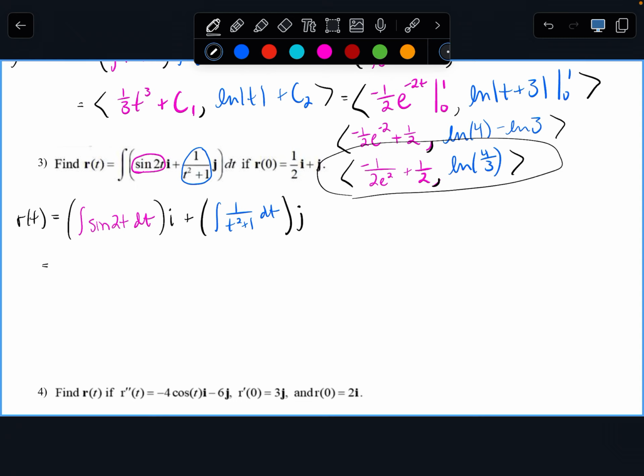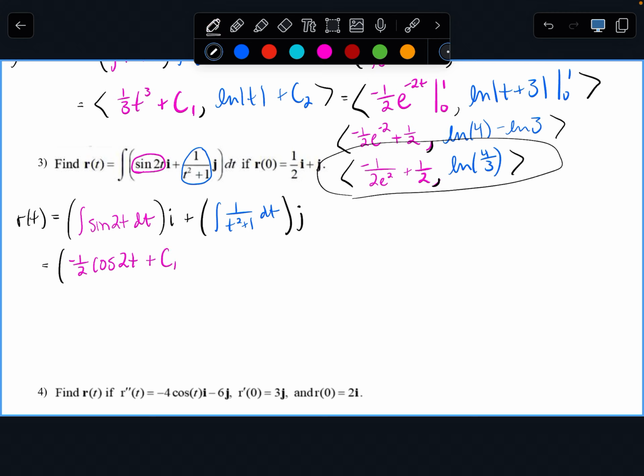So it's going to be, okay, 2t, that means I'm going to have half to undo it. But then the antiderivative of sine is negative cosine. So it'd be negative a half cosine 2t plus c sub 1.